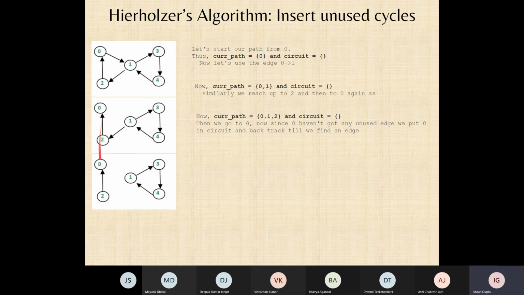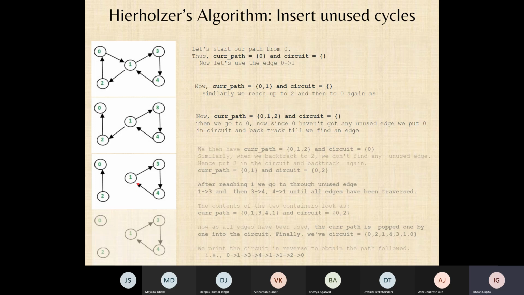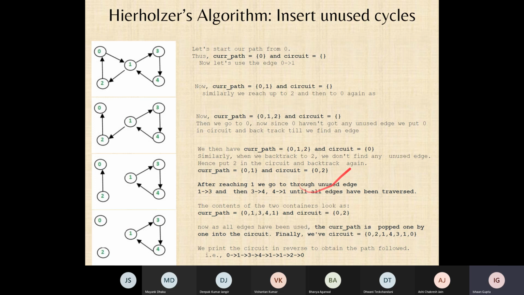So you go back from 0 to 2, then from 2 to 1, and because you are traversing this, you're going to be popping these things into your circuit. So whenever you are now going back, this becomes your circuit itself. So the first thing is that you will have 0, nowhere to go. Then the next thing is you go back, you have 2, this becomes a circuit. Now you go back to 1.